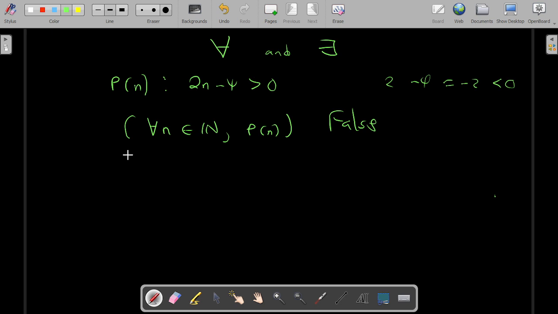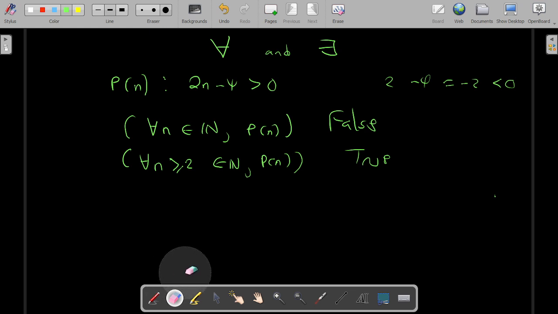How about if I change my writing? I say for all values of n, now n has to be greater than or equal to 2 in the set of natural numbers, P of n. What can we say about this? This is going to be false again. Why?